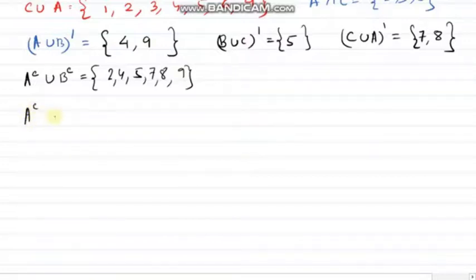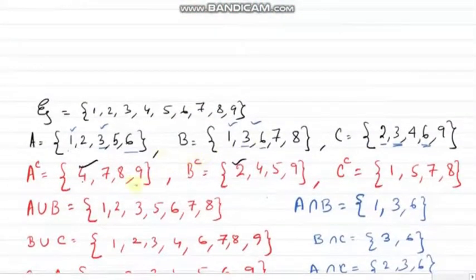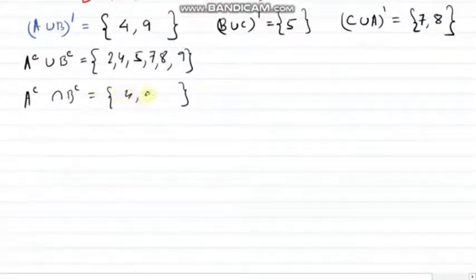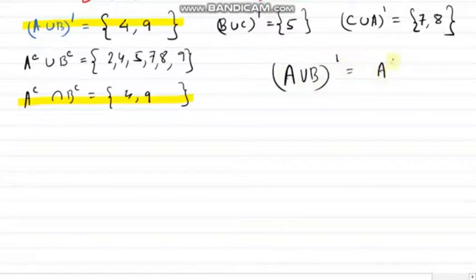What will be A complement intersection B complement? That will be only 4, right? No, 9 is also part. Okay, so that will be 4 comma 9. Just check now these two. Same elements. So can we say that A union B complement is equal to A complement intersection B complement? Right?